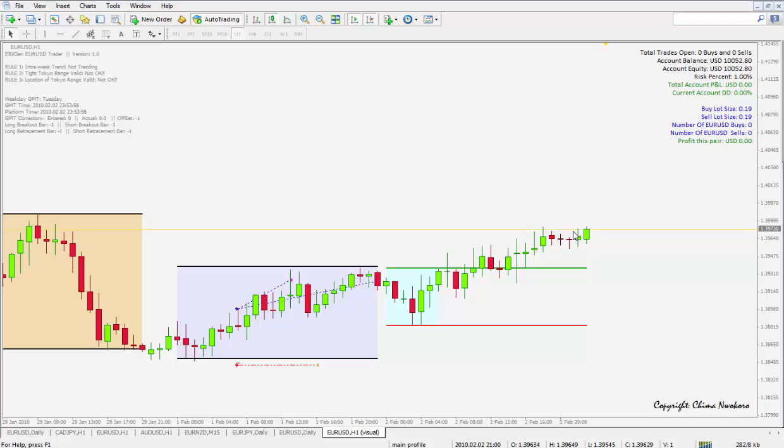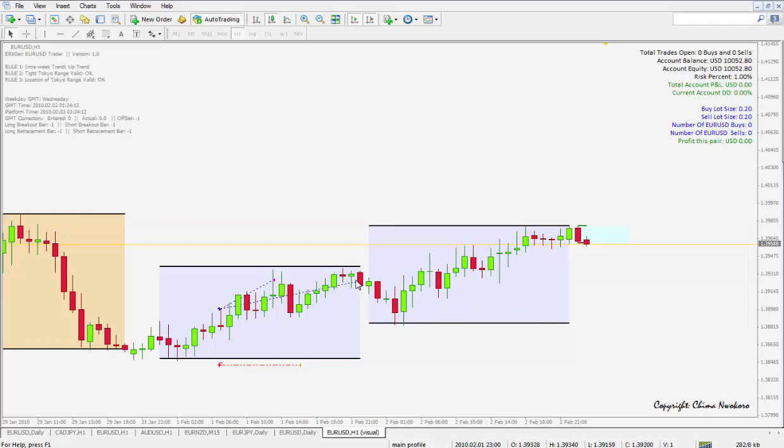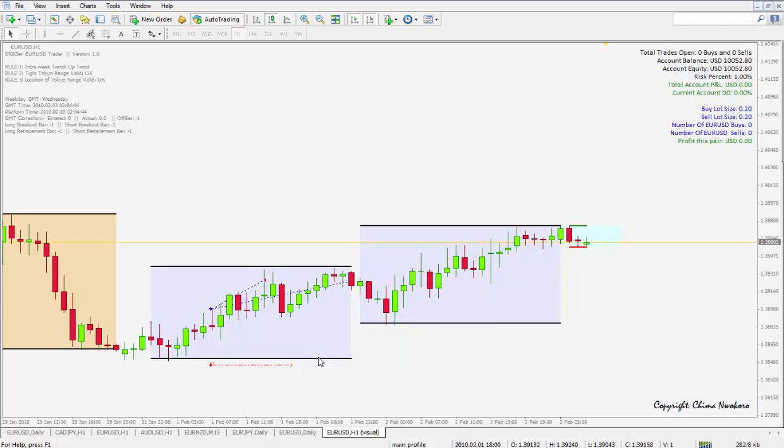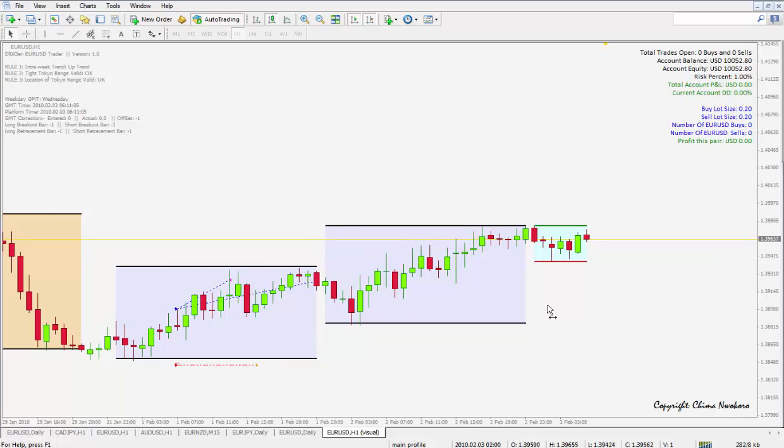So that one trade never got to there, and it would have made a bit more money. But again, it depends on what sort of trader you want to be and how you want to implement the system. So this is a second example.